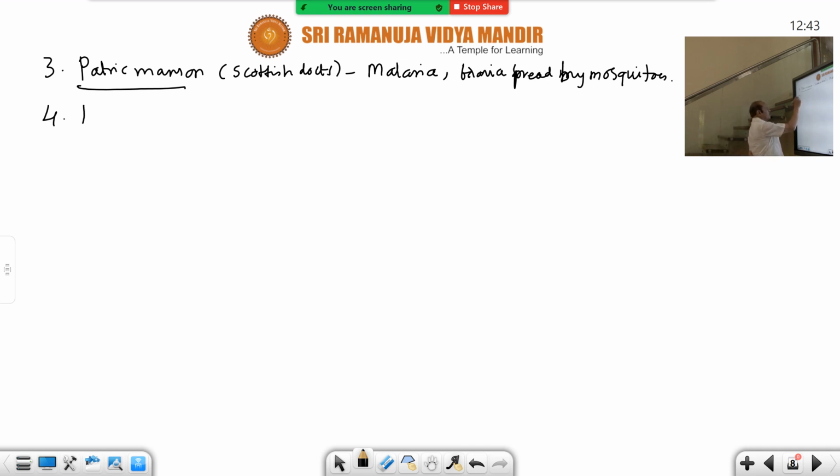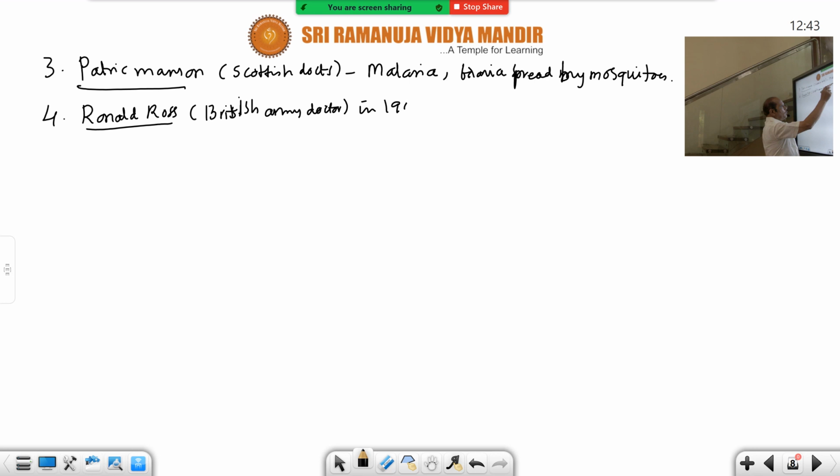Then Ronald Ross, the next scientist, a British Army doctor in the Indian Army at Secunderabad, Andhra Pradesh. In 1902 he received the Nobel Prize.